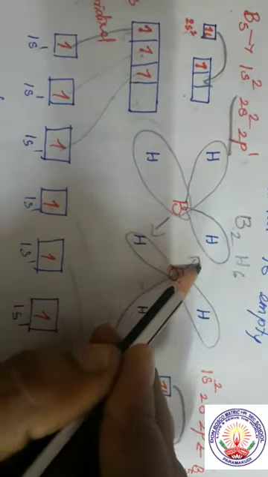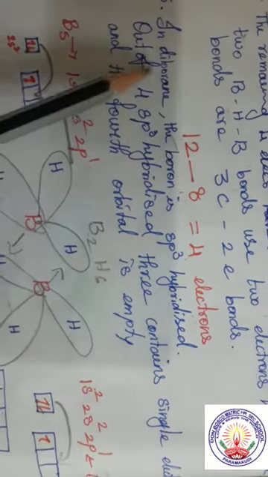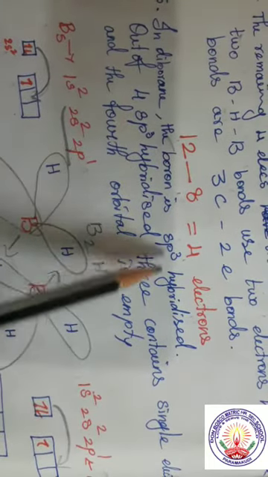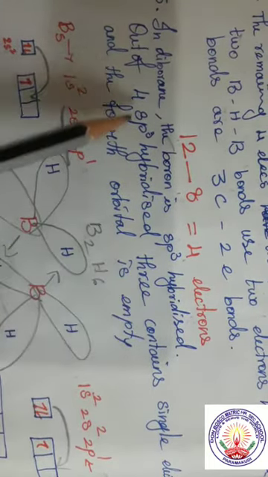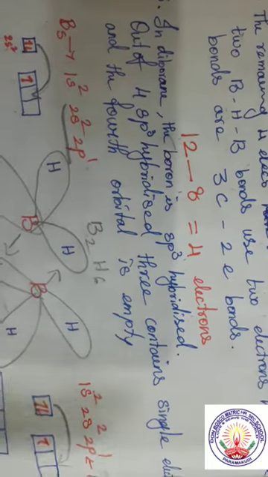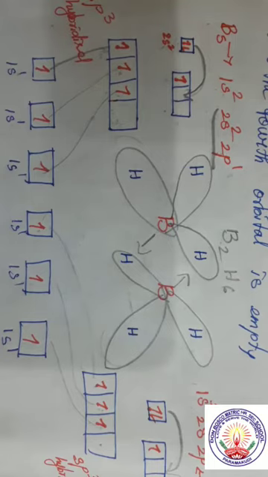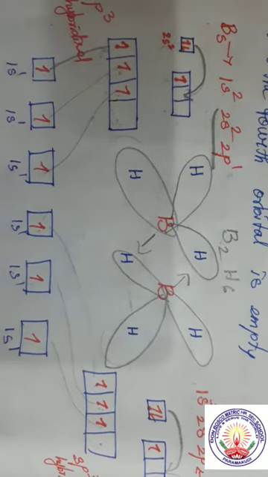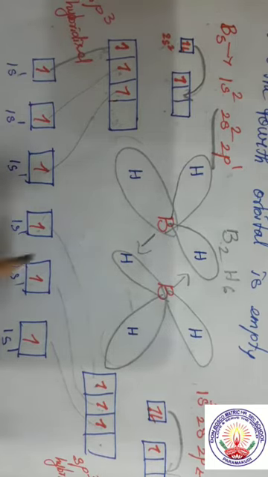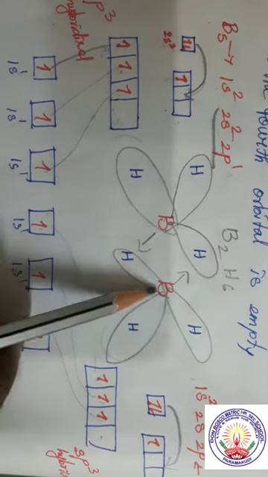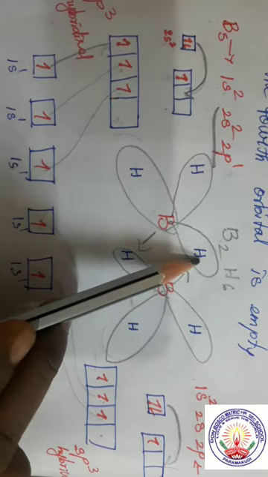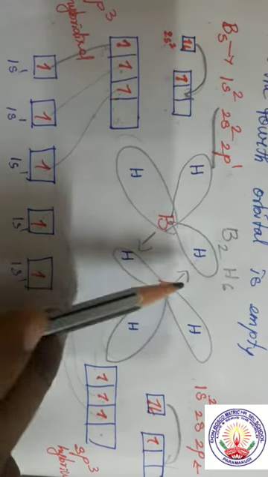Look at the point now. In diborane, the boron is sp3 hybridized. Out of the 4 sp3 hybrid orbitals, 3 contain a single electron and the fourth orbital is empty. Now the sixth point is the banana bond. See, these two borons are sharing this electron.